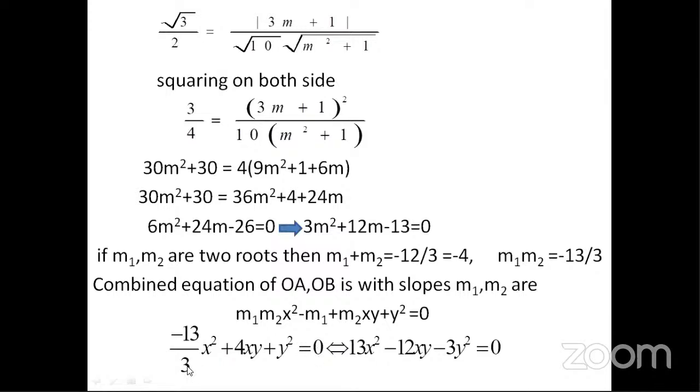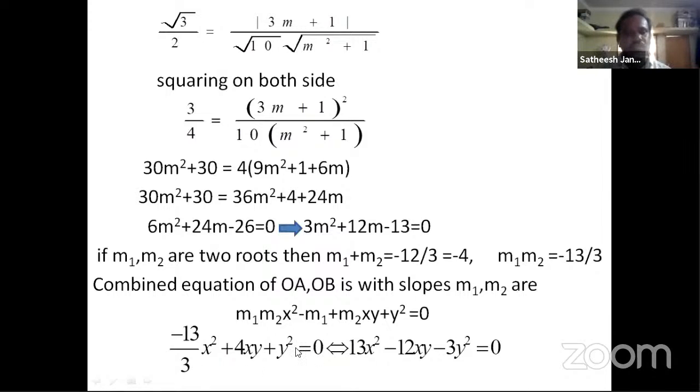Taking the LCM and multiplying the equation by minus 13 gives 13x² + 12xy − 3y² = 0.